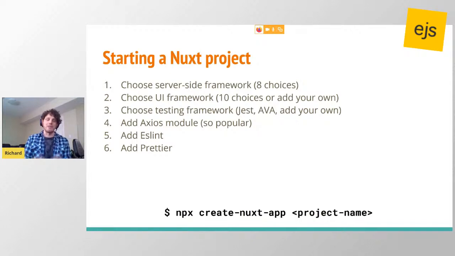This time you're presented with 10 choices or none, always a good option. Then your testing framework. So now you choose Jest or AVA or your own, so none. I find it funny that the only module that the wizard presents you with is Axios, so popular. And then you can choose to add ESLint or Prettier.